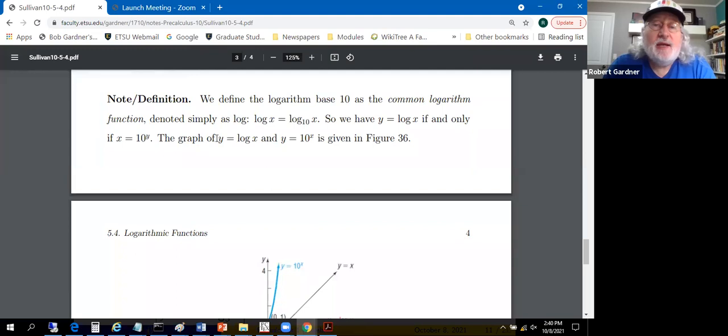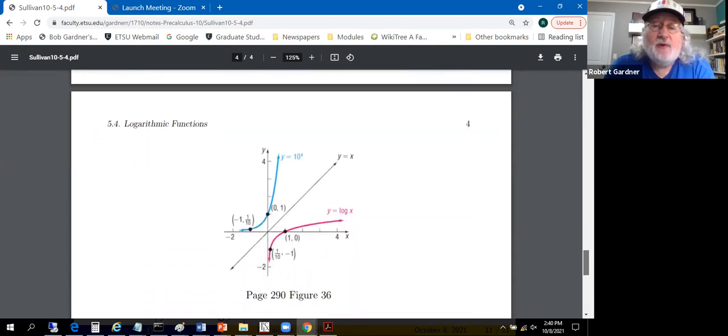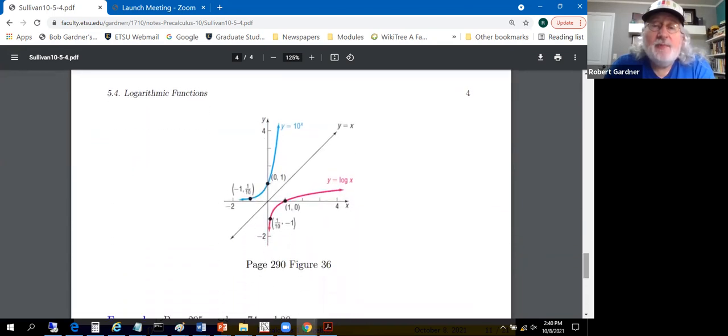We could then take y equals the common log of x and rewrite that as the exponential statement x equals 10 to the y power. The graph of the common log function and the base 10 exponential function look like this. It passes through the points (0, 1), (-1, 1/10), (1, 10).